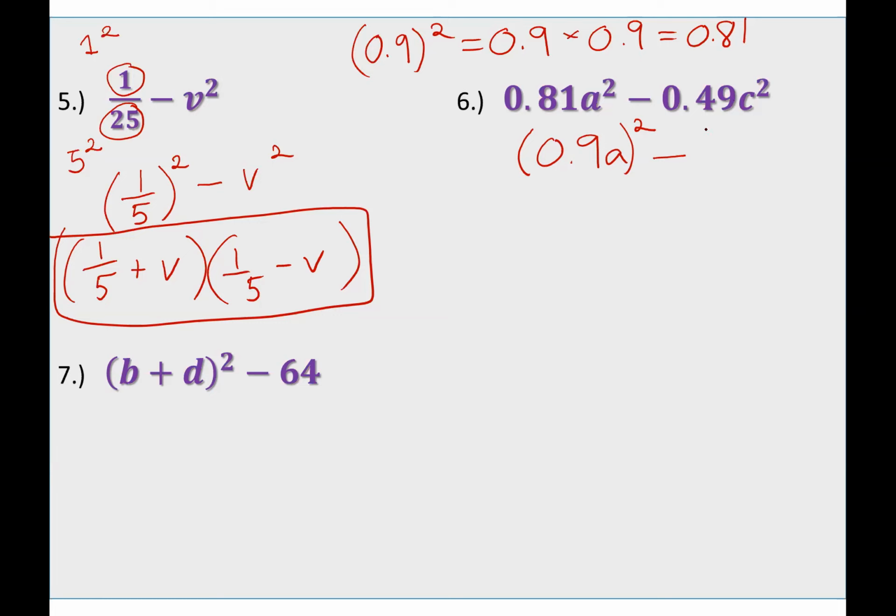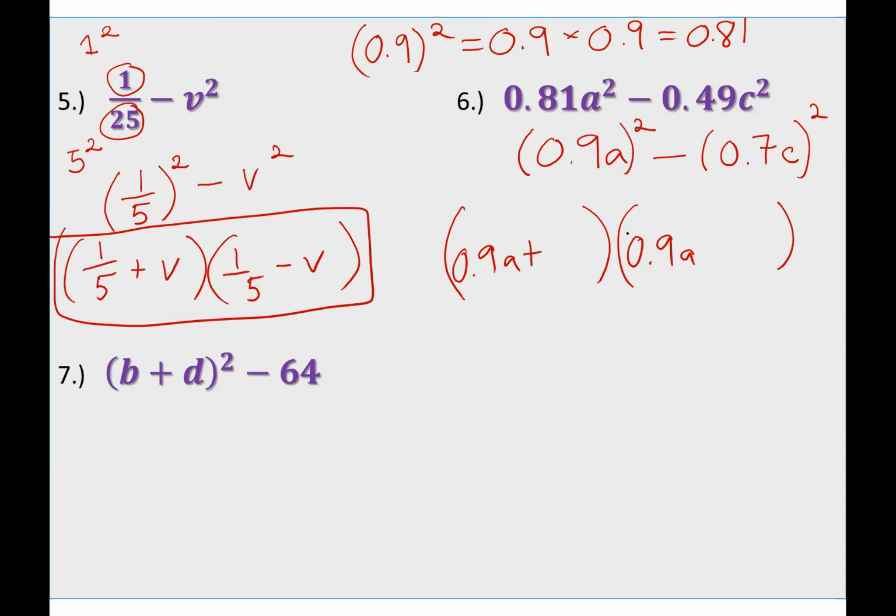So when we rewrite this, it will be parentheses 0.7c close parentheses squared. All right, so when I factor this, setting up my parentheses, using that a plus b, a minus b pattern, instead of a, I'm going to write 0.9a for my first term in each parentheses.